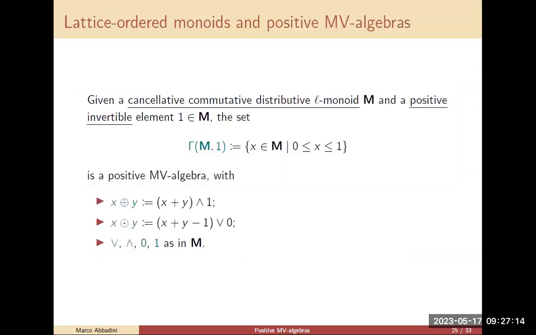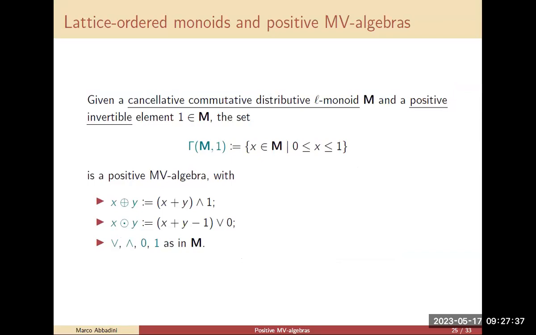And the connection with positive MV-algebras is that I take this cancellative, commutative, distributive L-monoid M, and I take any positive element which is invertible. So for example, if you're taking the set of functions from X to R, you can take the constant function 1.